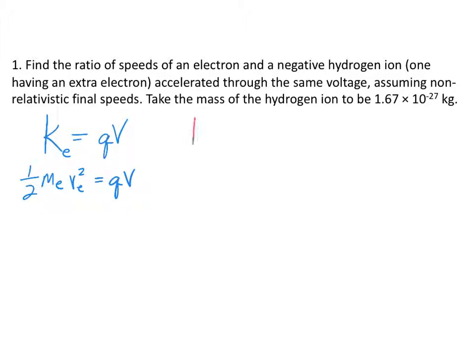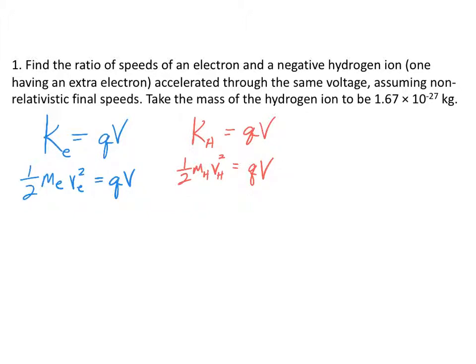And for the kinetic energy of the hydrogen ion, that's also going to equal QV. And so we'll have 1/2 mass of the hydrogen ion times the velocity of that hydrogen ion squared equals QV.